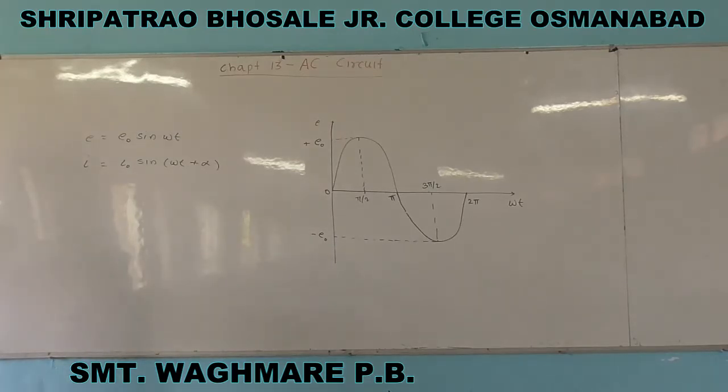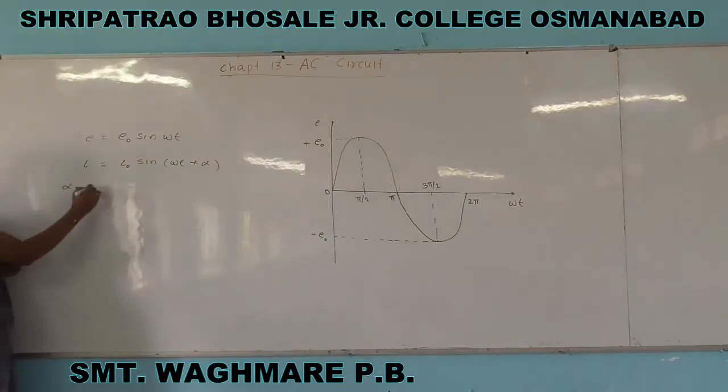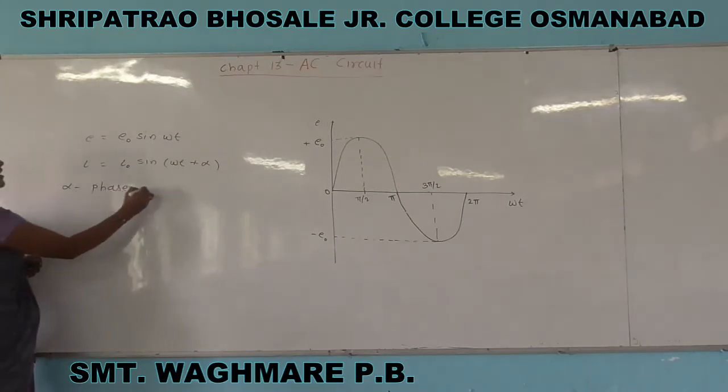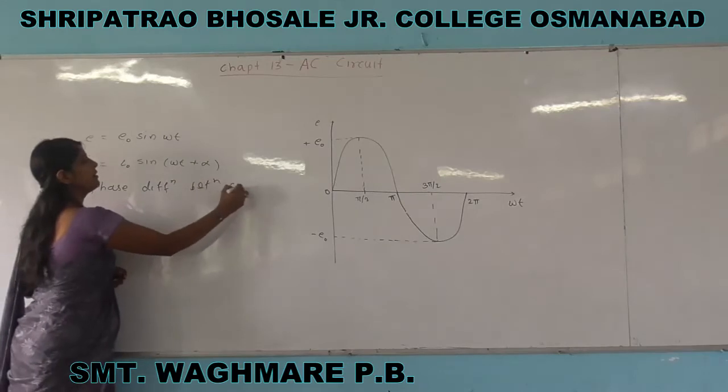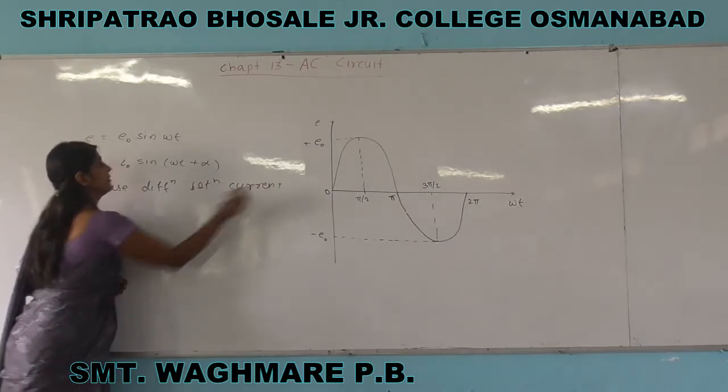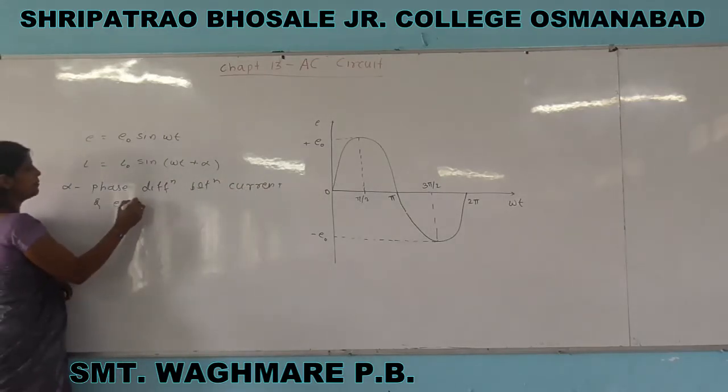Now this alpha represents the phase difference between the current and EMF.